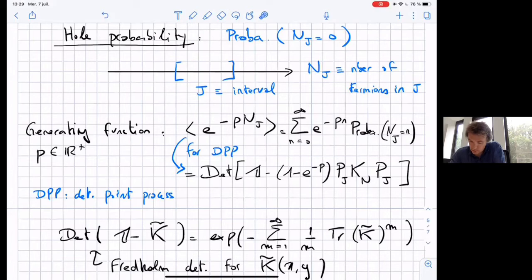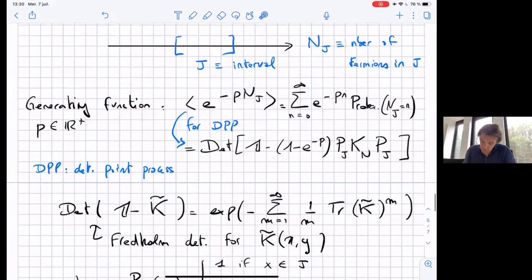So the limit when p goes to infinity gives precisely the probability that nj equals 0. So that's just the hole probability.